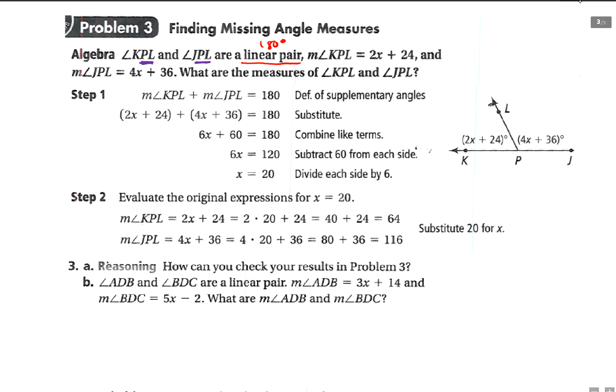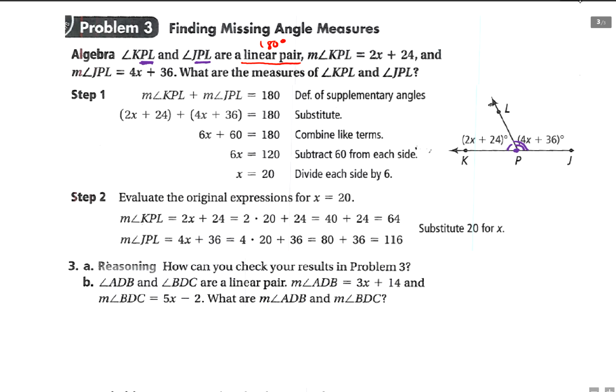So I look over here and I find angle KPL, that's my center point, KPL, and angle JPL. Notice I'm not drawing my angles anymore, I'm just putting little angle marks in them. They are not congruent, so I use one angle mark in one and two in the other.